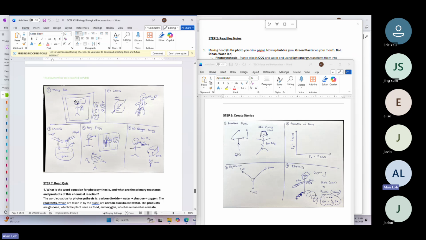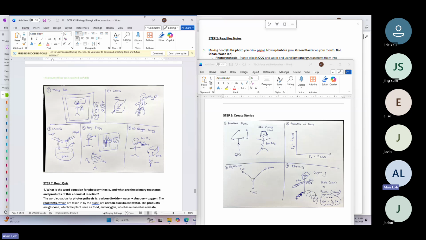And then there's a green plaster. And you are boiling Ethan in a pot, and there's a fire. I hope this drawing is clear. And you are washing Ian. So this drawing itself is an anchoring point for your brain to remember what is in drawer number 1, right?